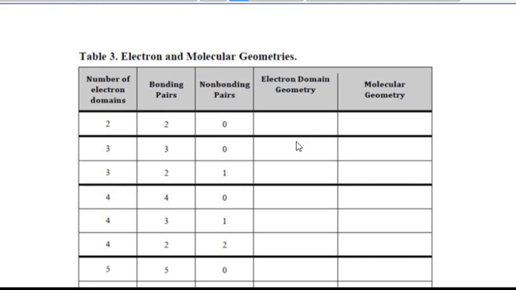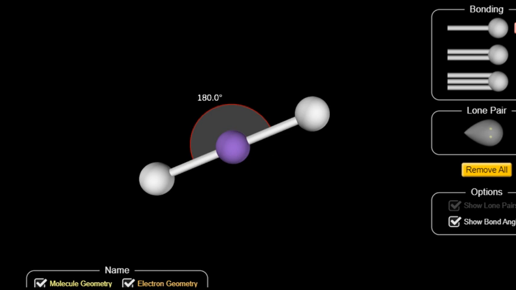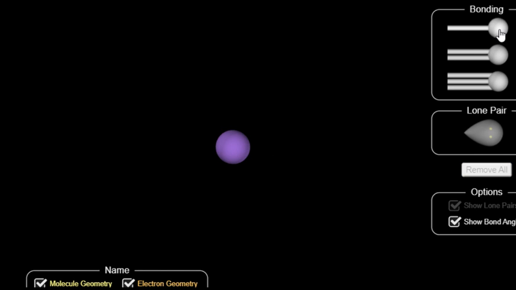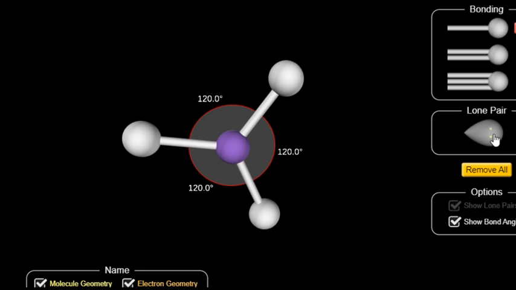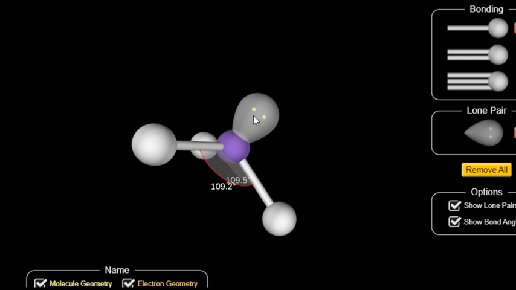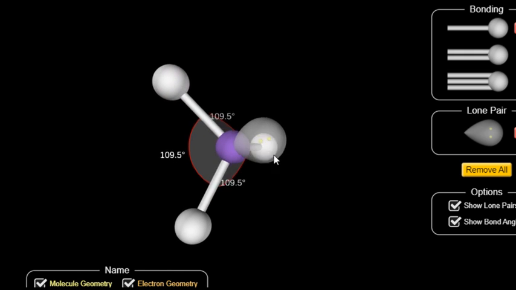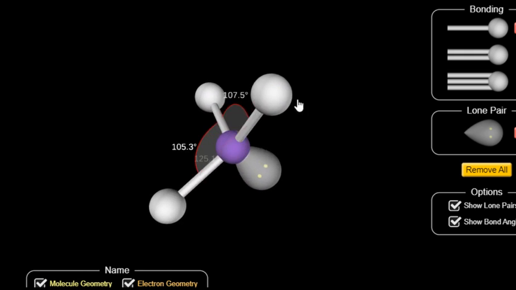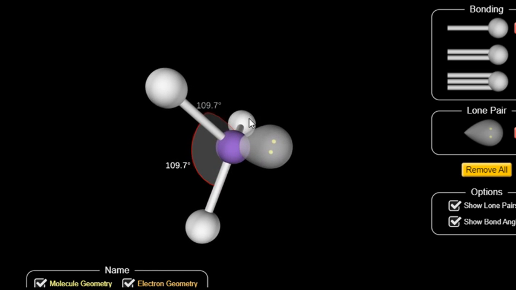If we move on to the next page, let's just pick a random one. How about this one right here? Let's look at 4 domains. 3 of them are bonding and 1 non-bond. There we go. That's the shape that we're going to get. You can see the magical angle there, 109.5, no matter how I turn it.